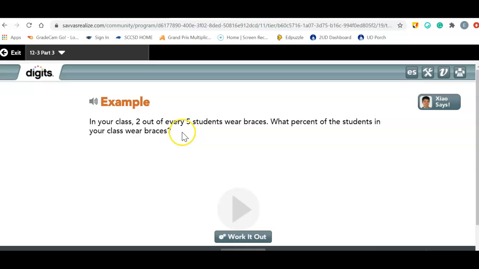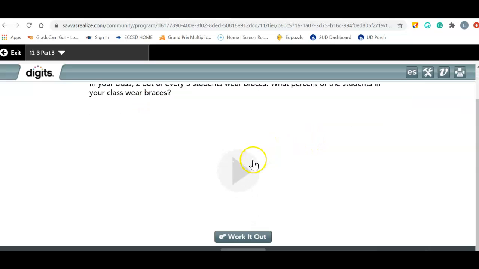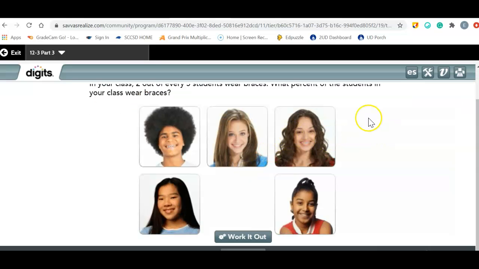All right, in your class, 2 out of every 5 students wear braces. What percent of the students in your class wear braces? Go ahead, show your work on solving part 3 on the front page there with the braces. 2 out of every 5.